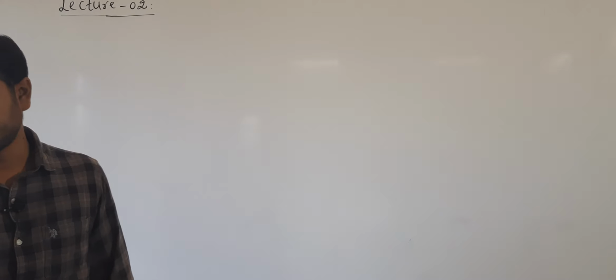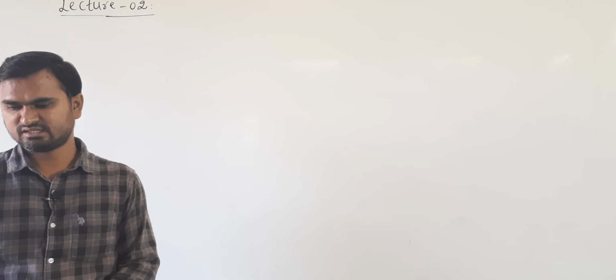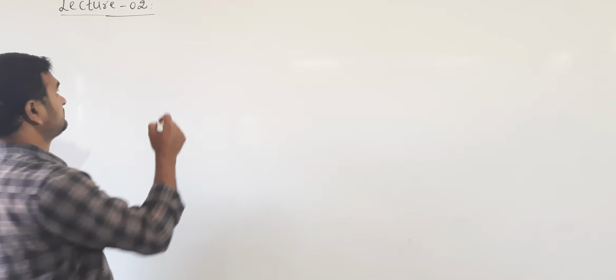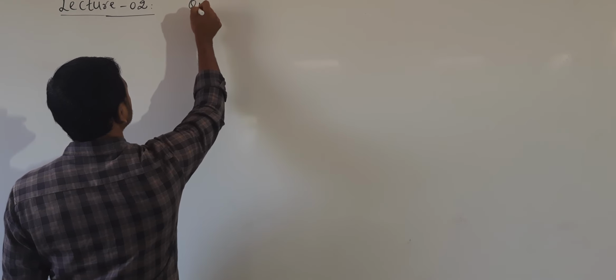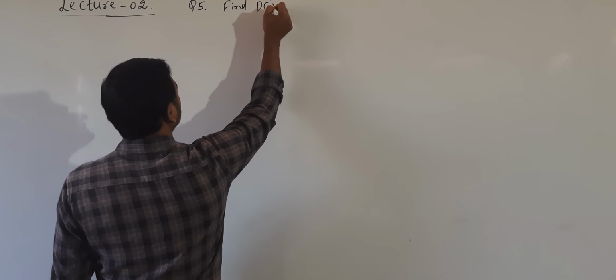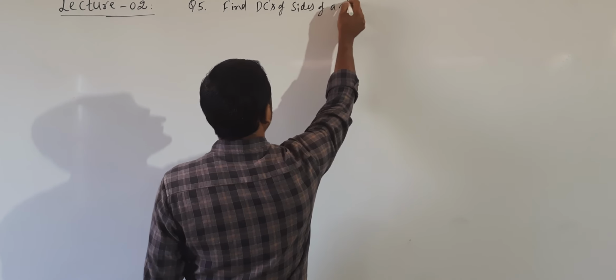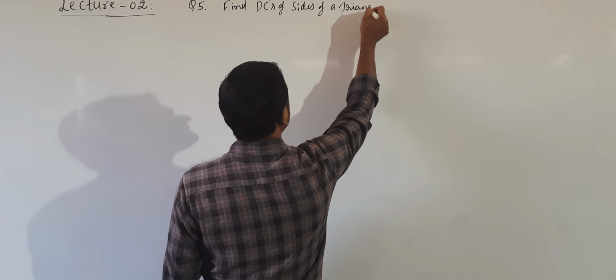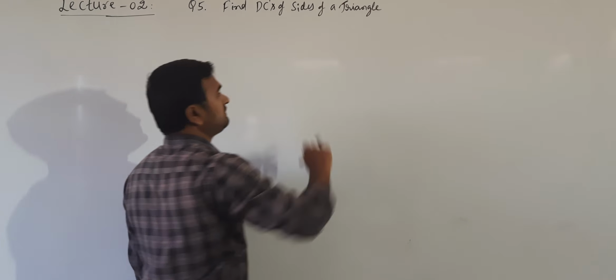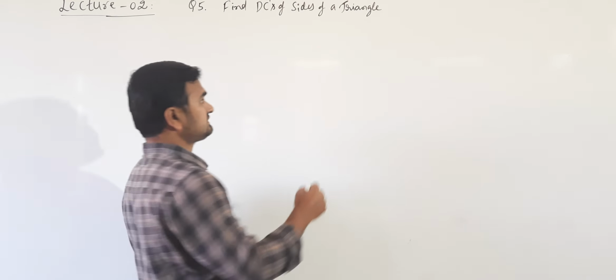Next, see question number 5. Find the direction cosines of sides of a triangle whose vertices are given.